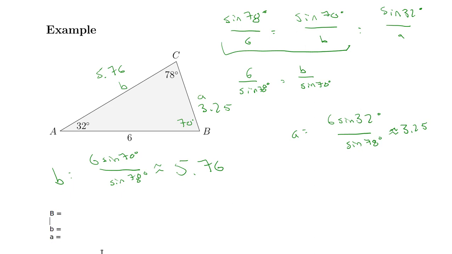That way, you can do all your work, and then quickly and succinctly say, all right, angle B, we said, was 70 degrees. Side length B was 5.76, and side length A was 3.25. Cool. So that's what we've got.